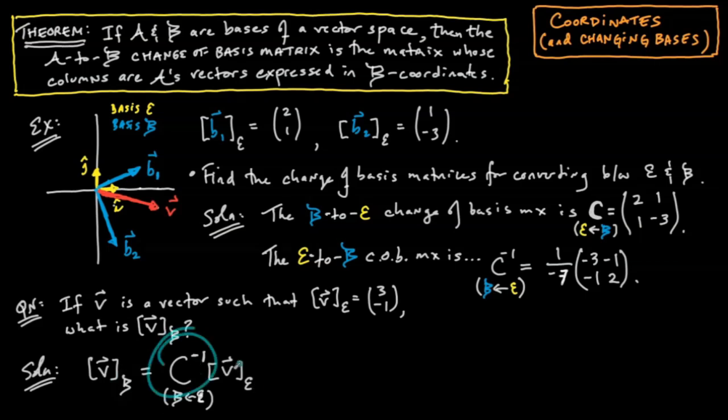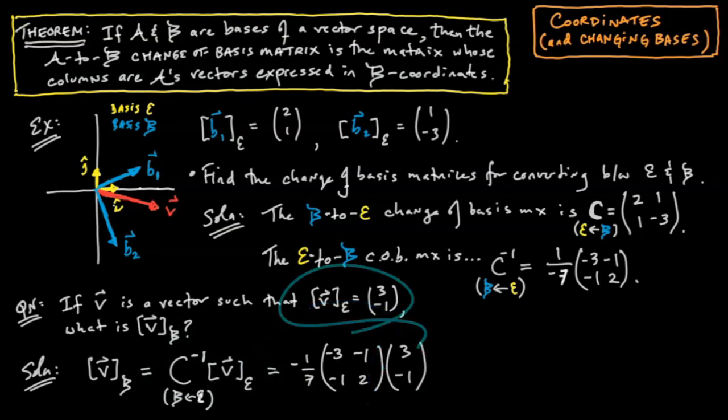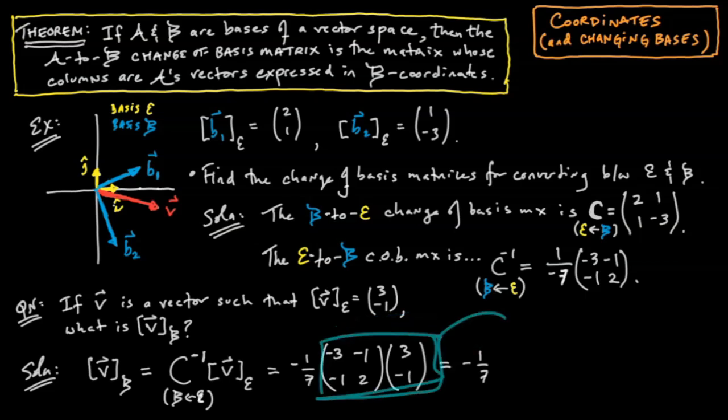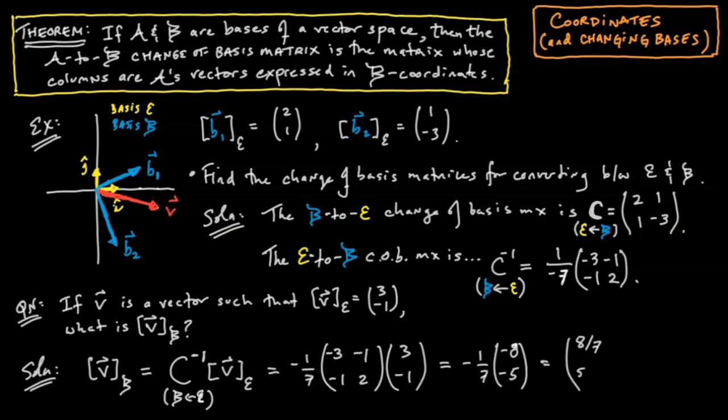In this case, C inverse, we know, is this matrix. Vector V's E coordinates are 3, minus 1. That was given to us. And when we compute this, I'll just leave the minus 1/7 to wait in the wings, and we will take care of the matrix vector multiplication, which is going to be minus 8, minus 5. I will do this scalar multiplication because it will be easier for me to grasp the geometry that way.